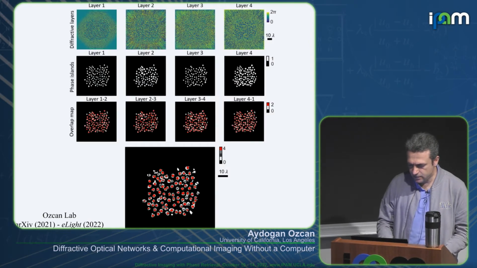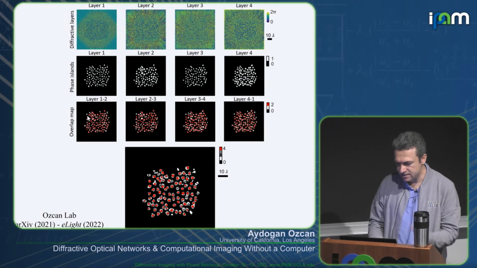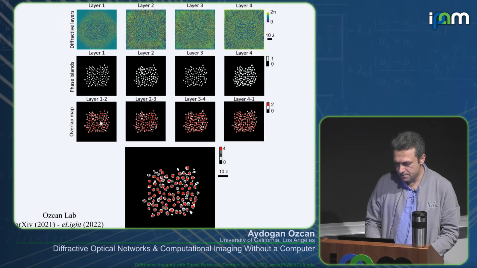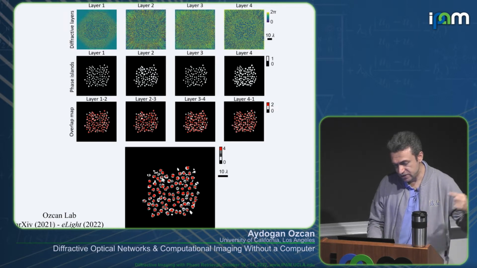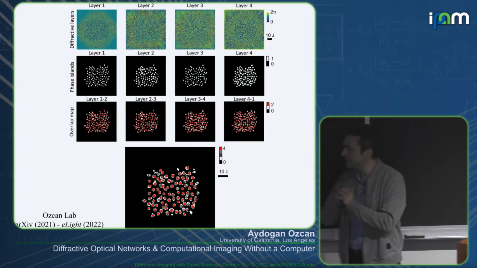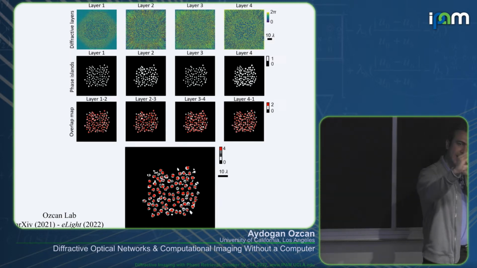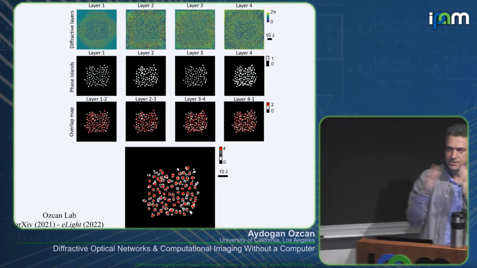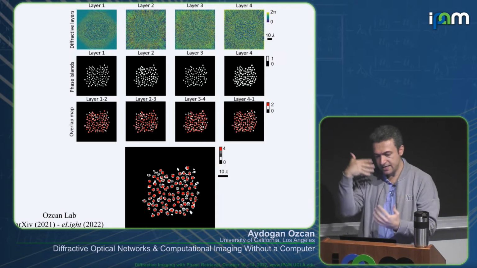In fact, if you look at the overlap of the axial positions of these microlenses, you can see a beautiful overlap, which means if you just look at the rays connecting one layer to the next layer to the next layer, these microlenses are overlapping axially. So they self-align, and that's the communication channel to actually provide imaging.